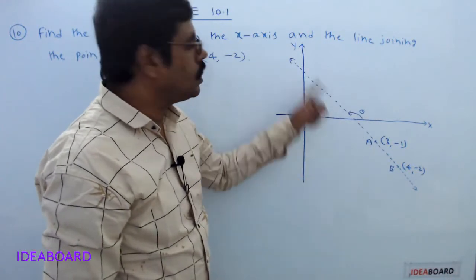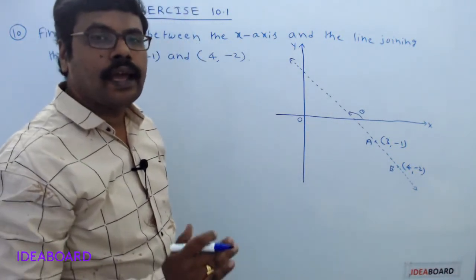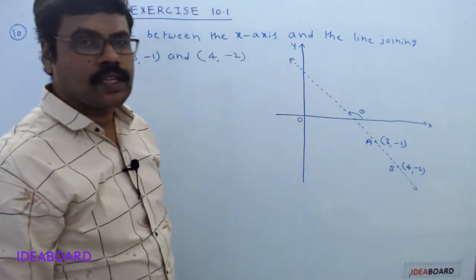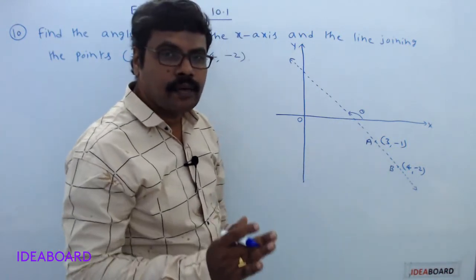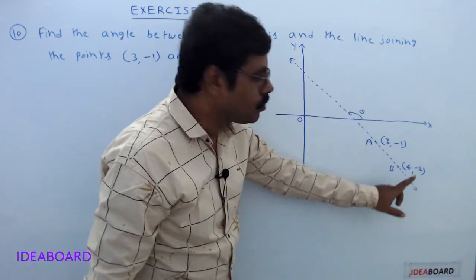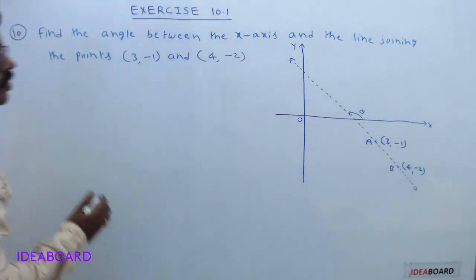Then this theta is called inclination of the line AB. So tan theta is called slope of the line AB. First calculate the slope of line AB by using the formula y2 minus y1 divided by x2 minus x1. Now come to the solution.